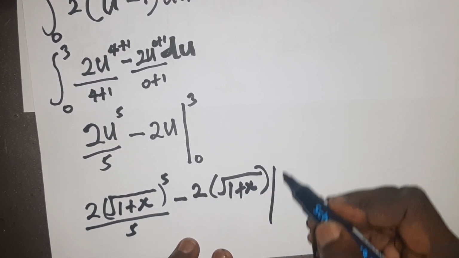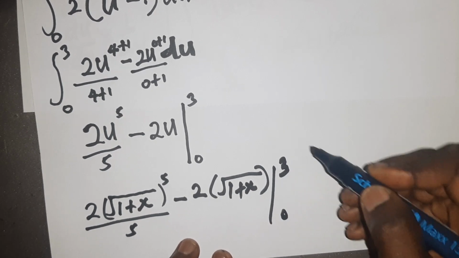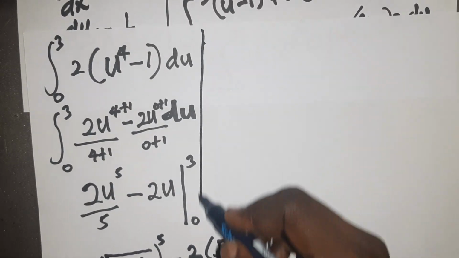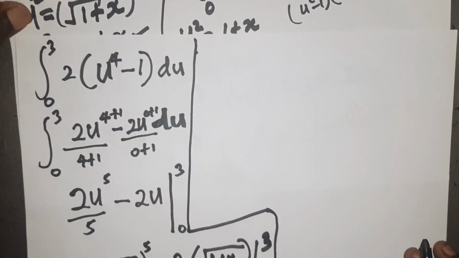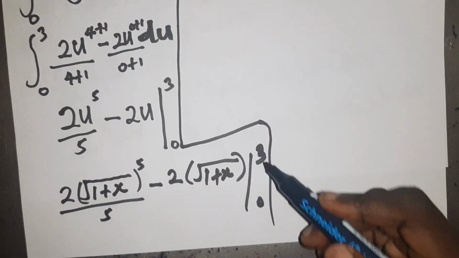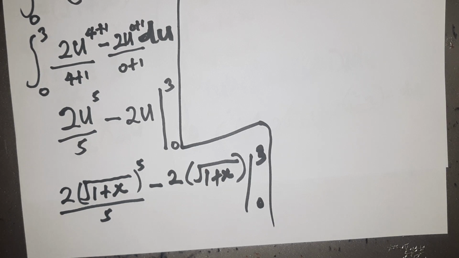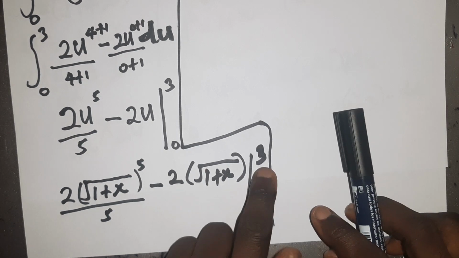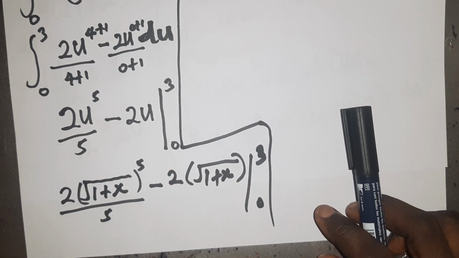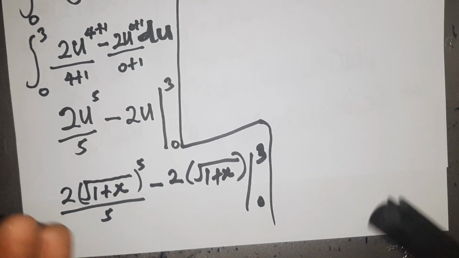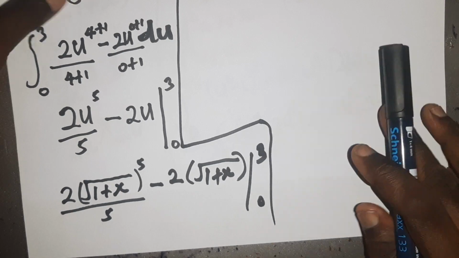Then we still have our boundaries, but let's be careful here now. For the boundaries, to evaluate the integral with respect to these boundaries given, I will first fix 3 into the values of x, and then I'll evaluate, and then later I'll fix 0, and then I'll make my subtraction. So let me fix 3 first of all.